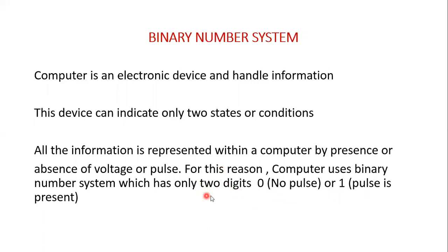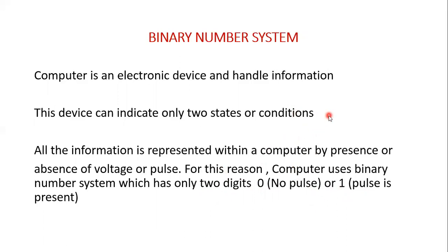So any number which can be represented in the form of 0s and 1s is called the binary number system, since the computer is an electronic device which accepts only binary numbers.